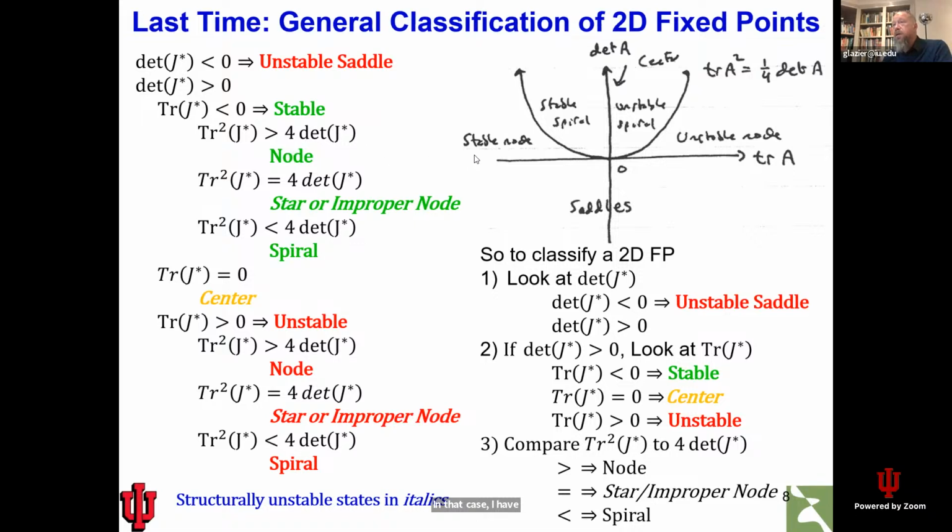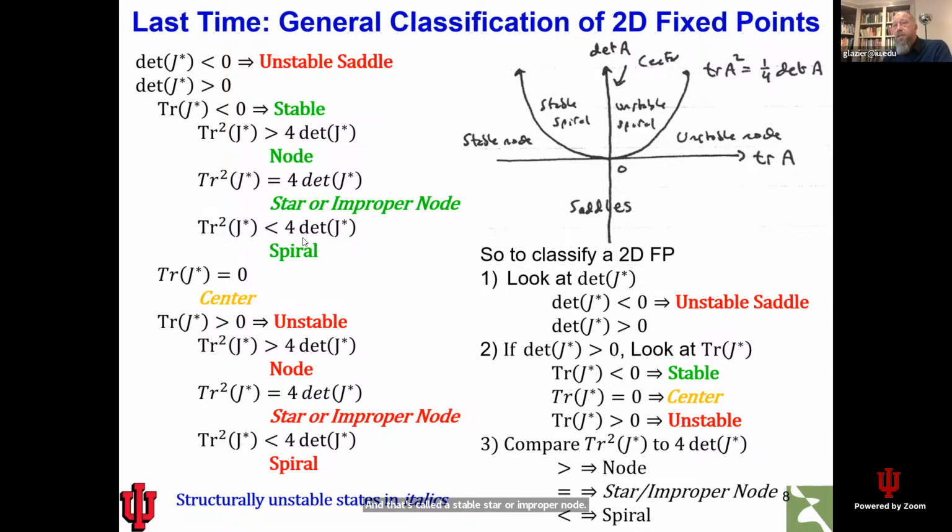I have what's called a node, a stable node down here. If the trace squared is equal to 4 times the determinant, then the argument is 0. I have two degenerate equal eigenvalues, and that's called a stable star or improper node. Basically, it's one-dimensional.